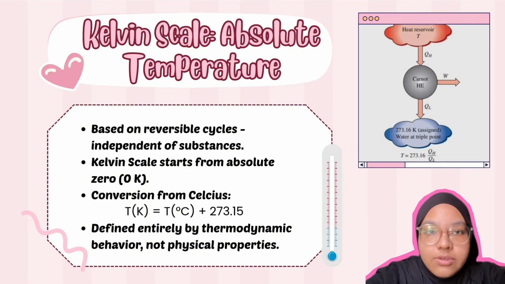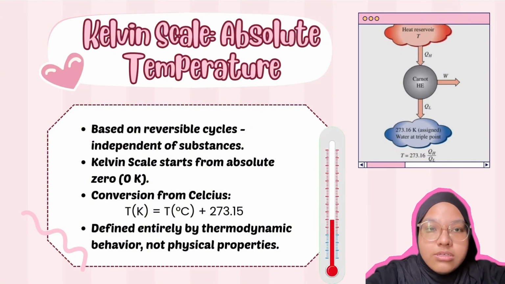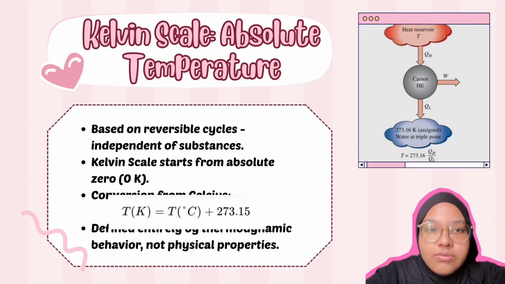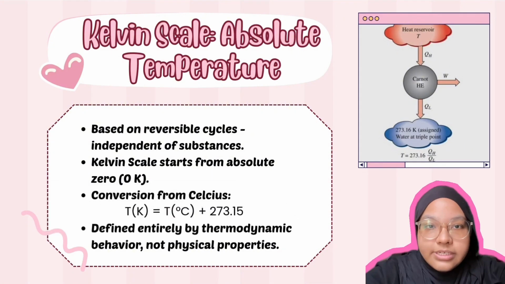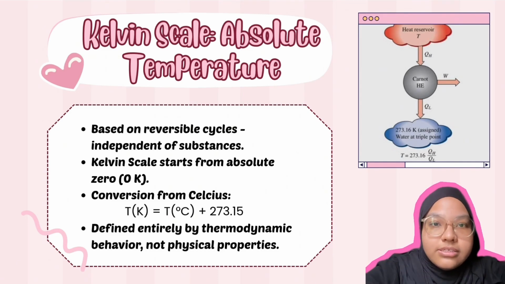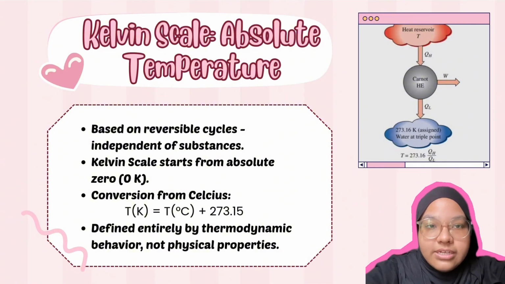For example, we can convert Celsius to Kelvin using the equation: just add 273.15 to the temperature in degrees Celsius. These scales ensure consistency when calculating energy, heat, and enthalpy, and are the standard used in physics and engineering.